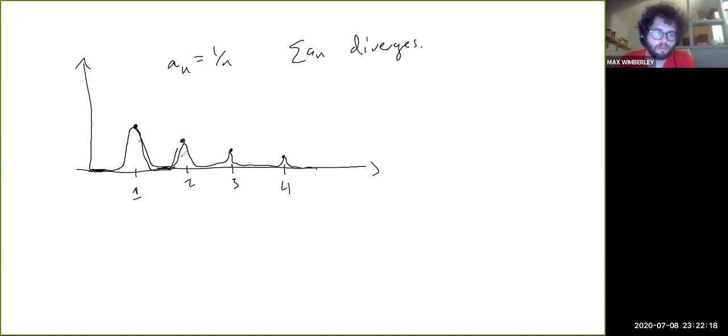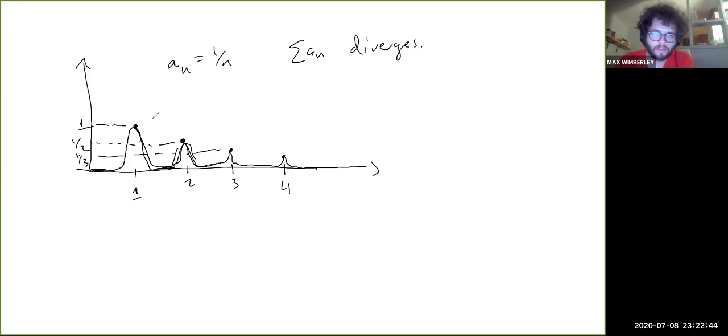And basically these little spikes here, let's say this is 1, and this is 1/2, and this is 1/3, and so on, right? So it manages to hit each of these values at each positive integer on the x-axis.